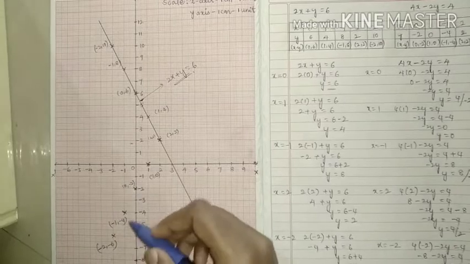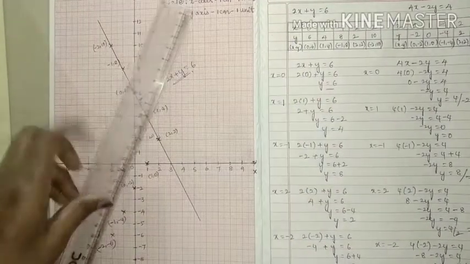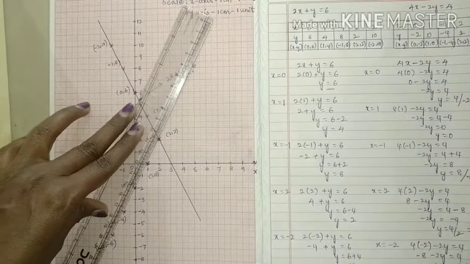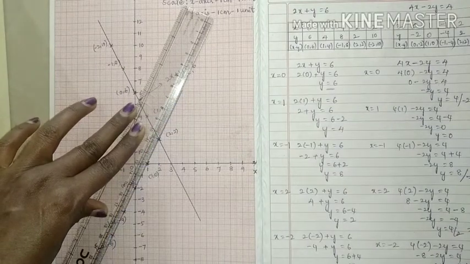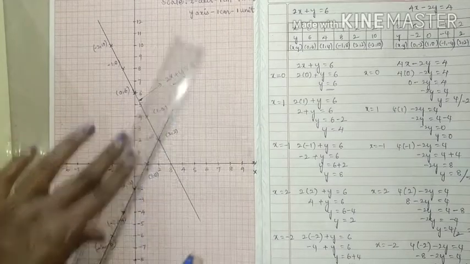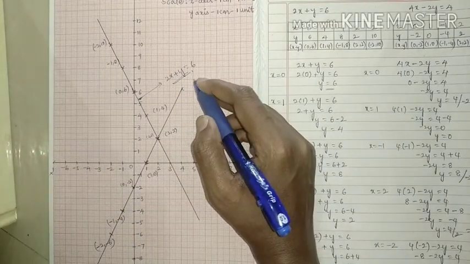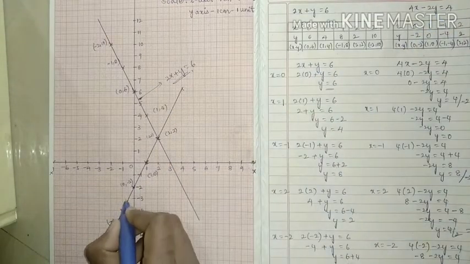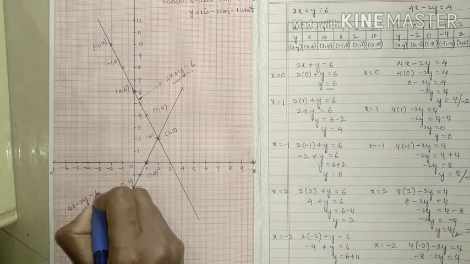So we have marked all the points here also, and we will join the points. So we have got a straight line. So after joining, we got the required equation, that is 4x minus 2y is equal to 4.